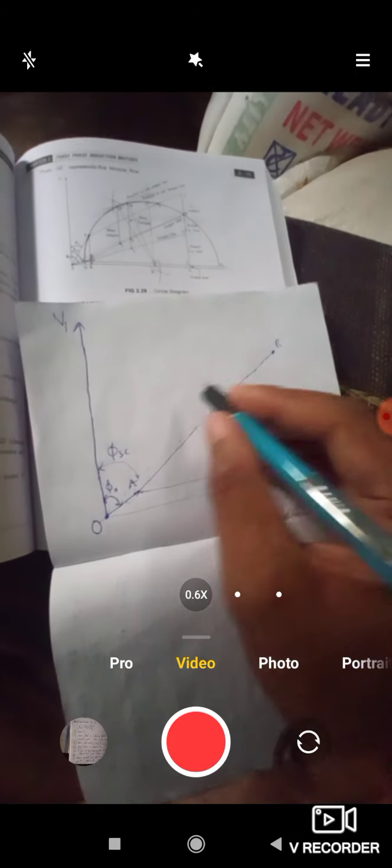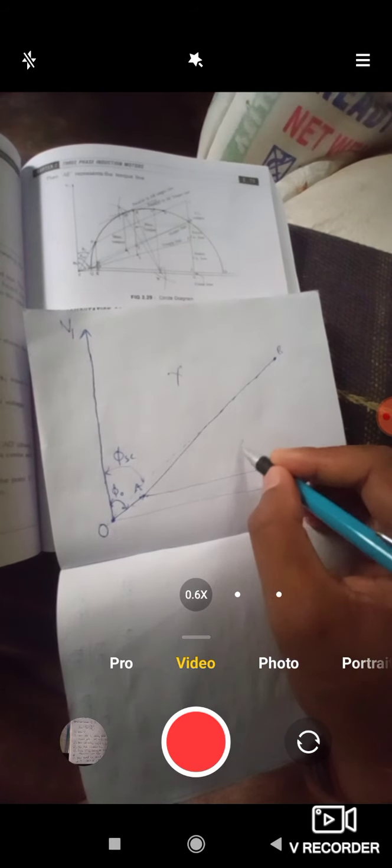Now we have to draw a horizontal line from A, and draw a perpendicular bisector to AB. You know how to draw a perpendicular bisector like this.